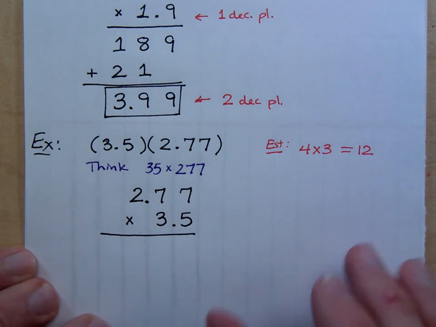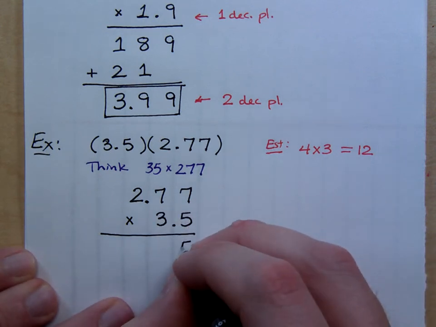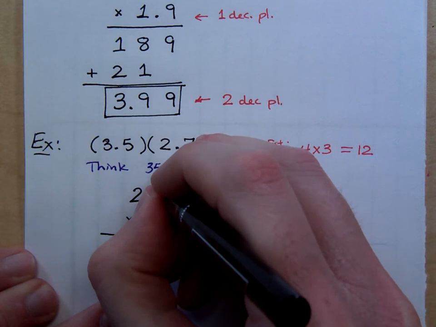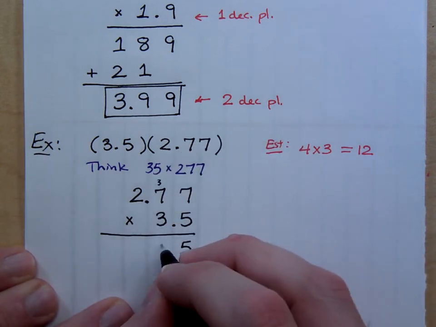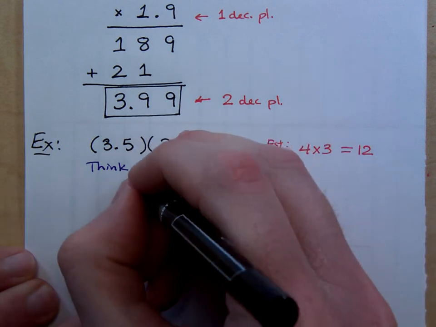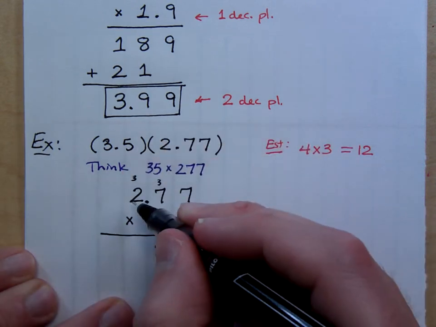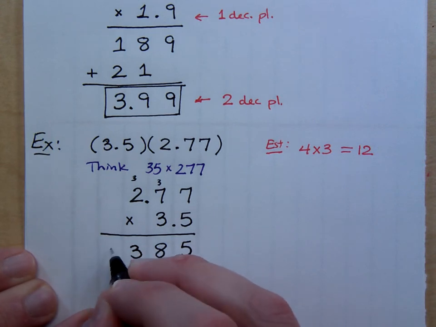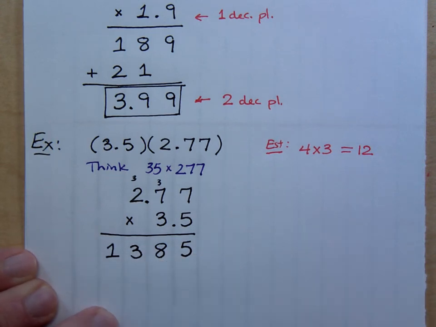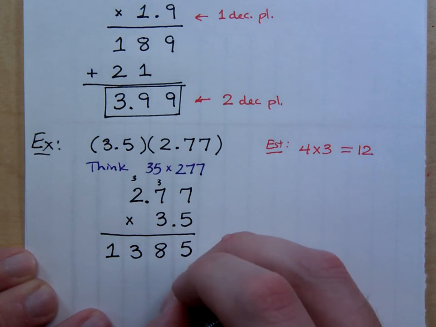What's 5 times 7? So that's 35, and then I carry the 3, write that up there. So that's 35 and 3, which is 38, carry that 3 again. 5 times 2 plus the 3 is what? 13. It's 13.